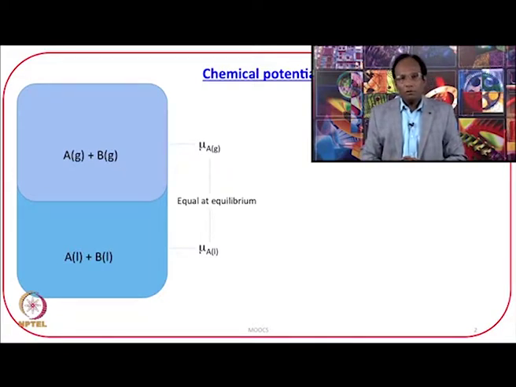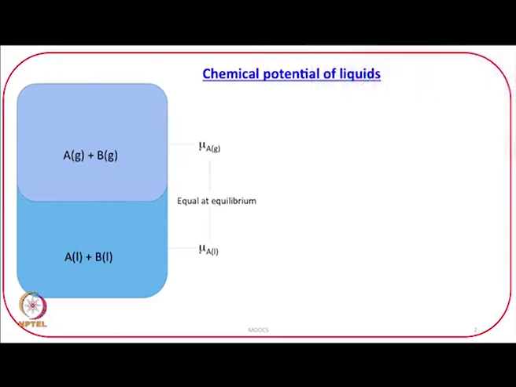Whenever there is an equilibrium between the different phases of the same substance, remember the word equilibrium. If there is an equilibrium, then the chemical potential in each phase of that substance will be the same. And we will make use of that fact in this discussion.